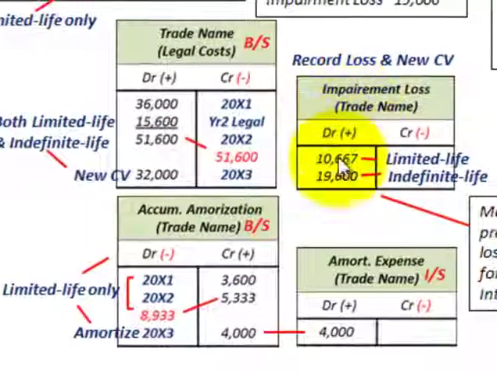But we'd have to calculate our impairment loss based on, for the limited life, having included the amortization when we figured out our impairment loss, whereas with the indefinite life we didn't have amortization, so we wouldn't have any amortization expense included in this impairment loss. All right, so that's just a summary of how you take care of impairment testing for intangible assets.